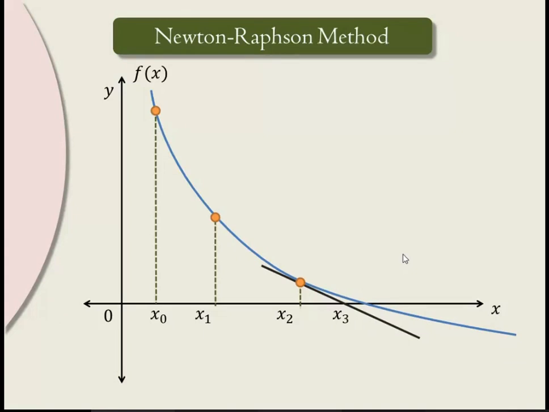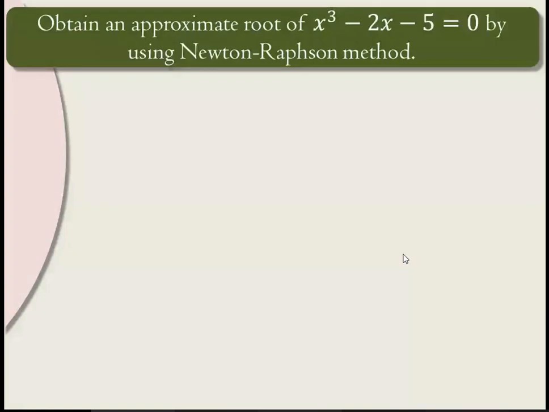Now we'll take a problem and see how to make use of the standard formula to get the solution. So consider the first problem. Obtain an approximate root of x cubed minus 2x minus 5 equal to 0 by using the Newton-Raphson method. Again, for this method we need two endpoints. So take this function as f of x.